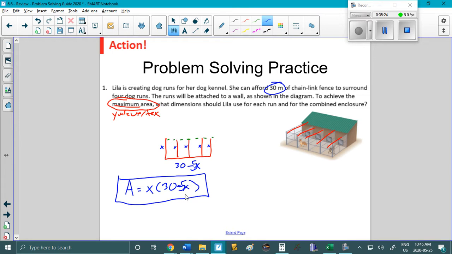I'm going to tell you, though, you don't need to expand it. In this form, this is kind of like factored form. So anyway, do whatever you want, find the vertex. And right, you want to find the vertex, it's the max value, or solve for x, right? Whatever you think. Okay.